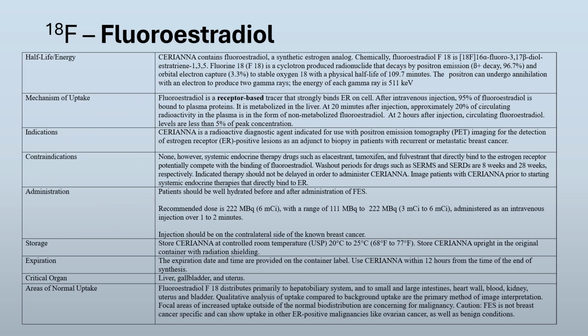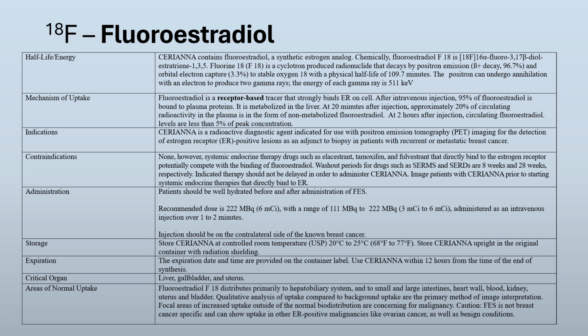This is the package insert for fluorestradiol. It is a receptor-based tracer, so its method of localization is going to be receptor binding. And it's going to bind to the ER cells on the surface of breast cancer cells. It expires within about 12 hours.